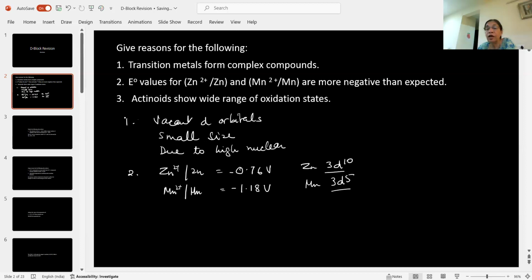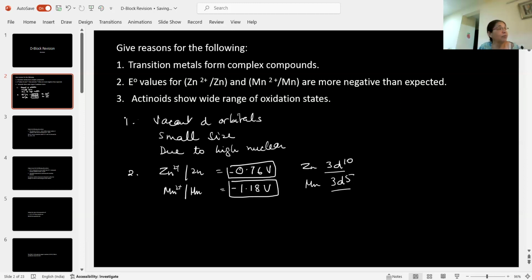So when you have to remove electrons from a stable configuration, you require a lot of energy, and that is why the value of E becomes negative.